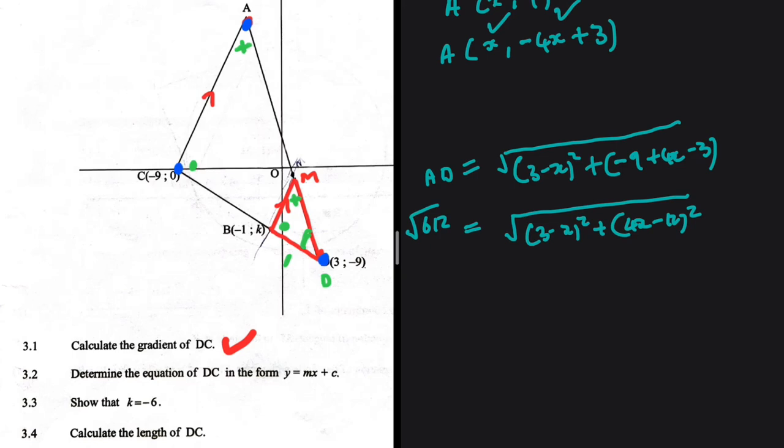So what do we want to do? We want to square both sides. If we square both sides, we get 612, and we get rid of that square root, and then we just solve what's inside the brackets. Minus x multiplied by minus x is x squared, and then we have minus 6x plus 9.